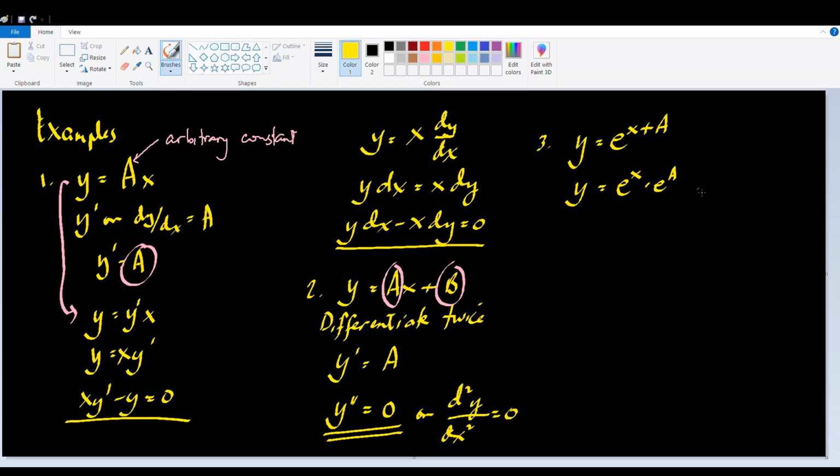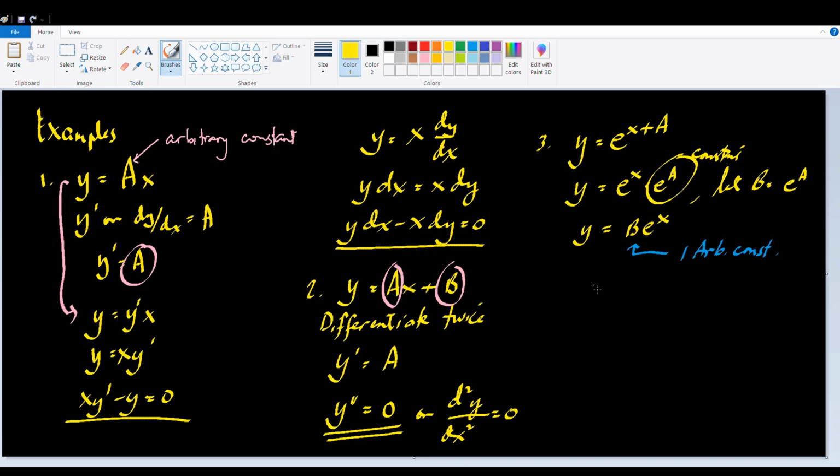Now, let b be equal to e to the a because that is our constant. So our equation now becomes y equal to b e to the x. And there is one arbitrary constant.